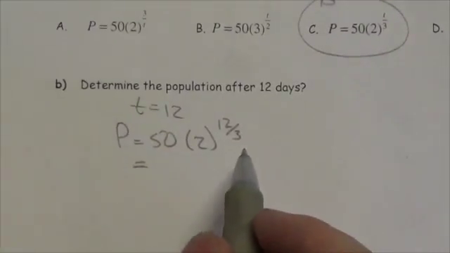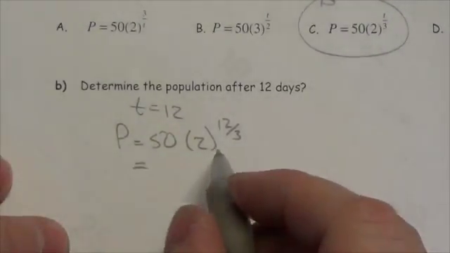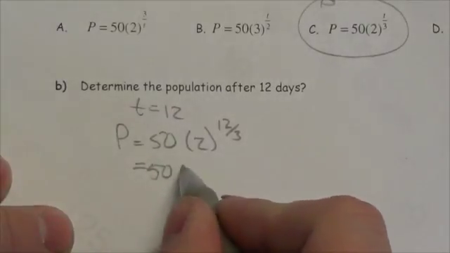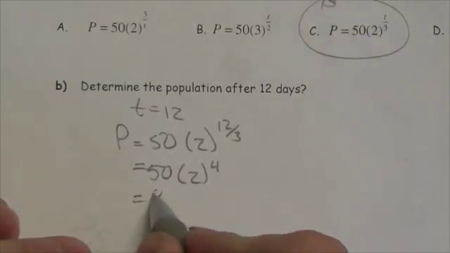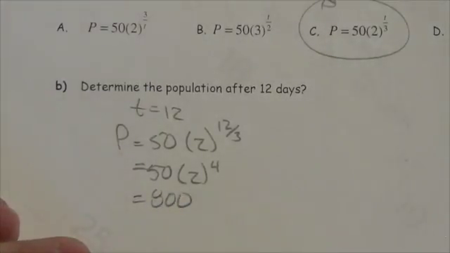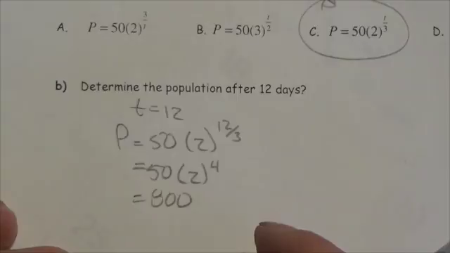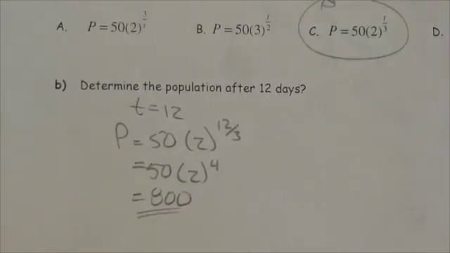Well, 12 over 3 is 4, right? So this is going to be 2 to the 4. Now 2 to the 4 is 16. So 50 times 16, there's going to be 800 present after 12 days, because it doubled every 3 days. Okay, so there you go. That's the number that they're looking for.